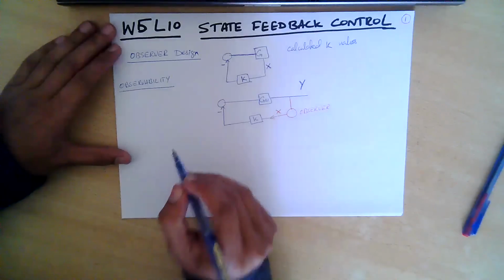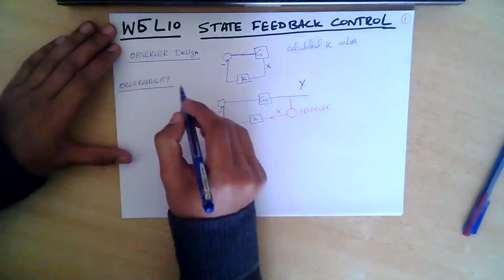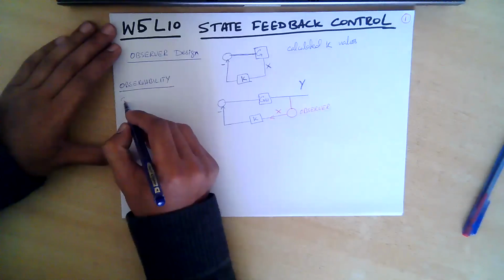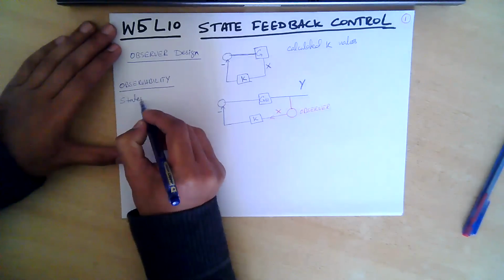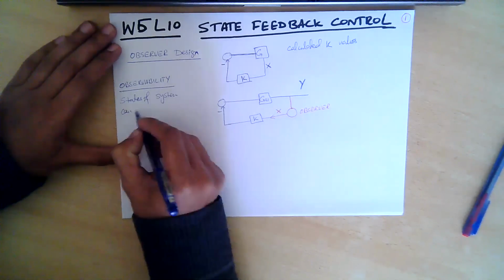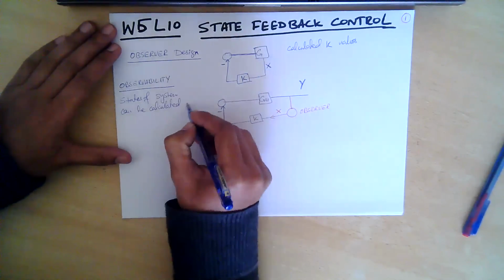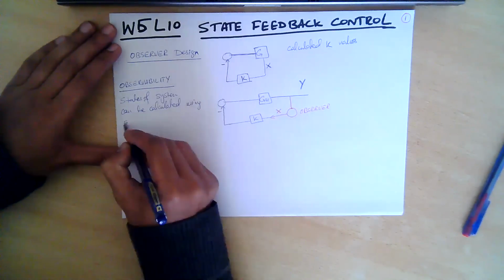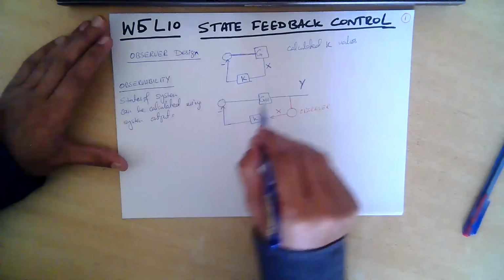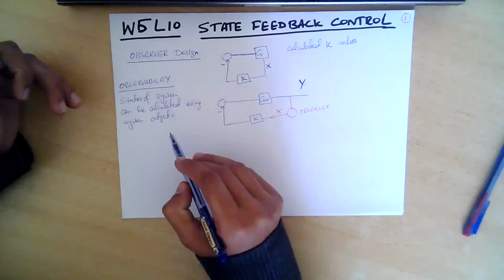So observability, if we define it in technical terms, is that the states of a system can be calculated using system output. Means I got some output, and I want to somehow calculate the value of the states.